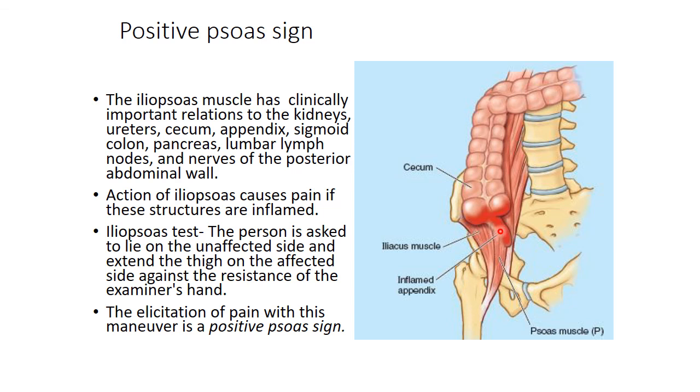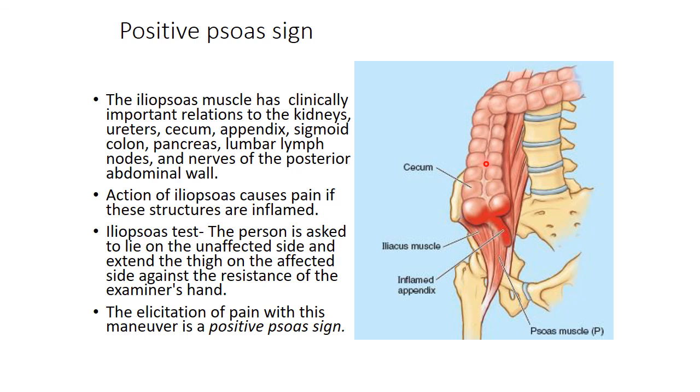The iliopsoas is a long muscle; the psoas major has long cords coming from the abdomen, crossing the greater pelvis and then reaching into the lower limb. This long course has a clinically important relationship with many viscera like kidney, ureter, cecum, appendix, sigmoid colon, pancreas, lymph nodes, and nerves of the posterior abdominal wall. All these structures are closely related with the iliopsoas muscle.